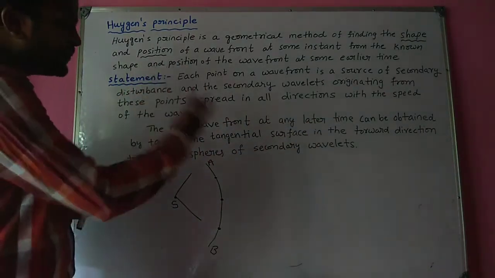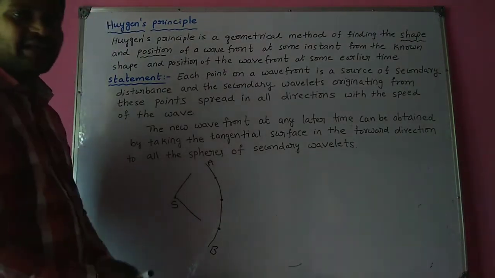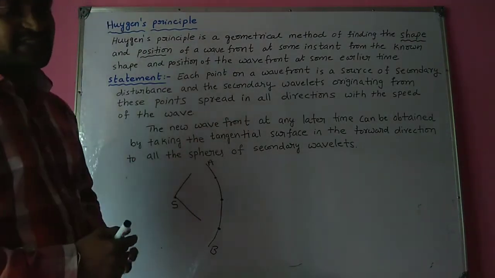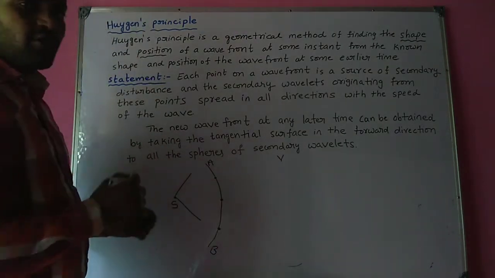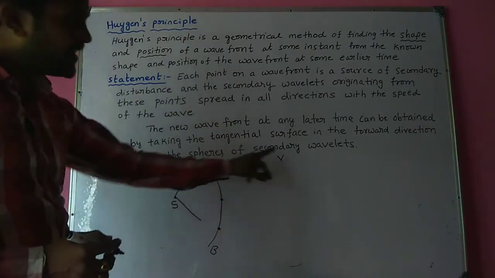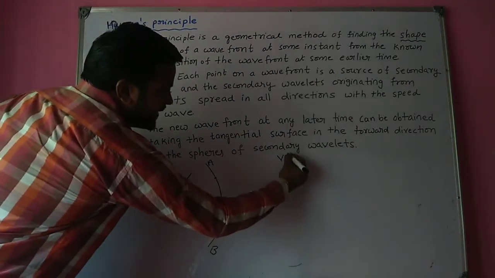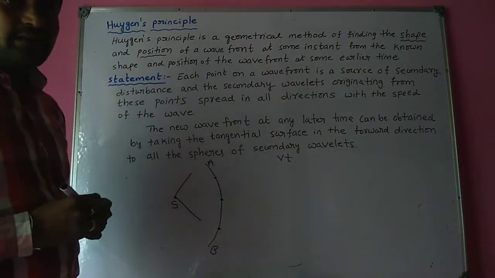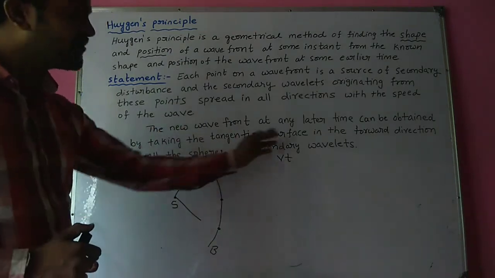First, what are these spheres? All the points on the spherical wavefront act as the source of secondary disturbance. Let us consider V is the speed of the wave in this medium, and in a time t, the disturbance spreads in the form of a sphere of radius Vt.